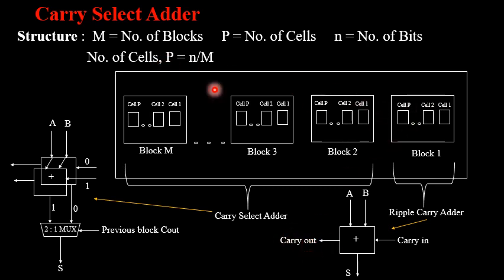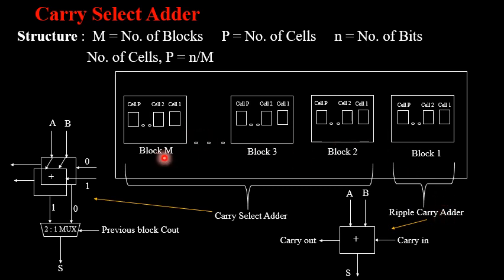Cell 3, because I got 3 cells in each block, is represented the same way with A2, B2, S2, the carry input from the previous stage, that is C1, and the carry output of the current stage, C2. So always your first block is reserved for a ripple carry adder cell.